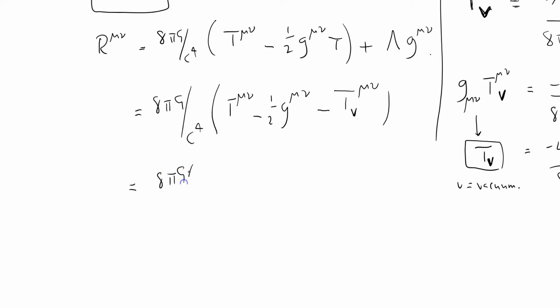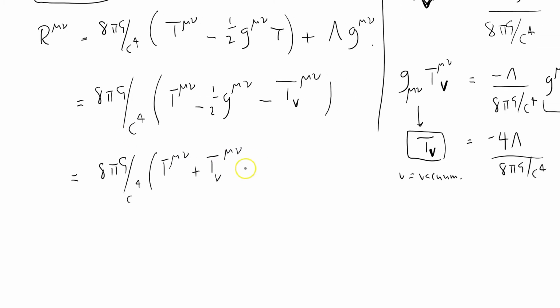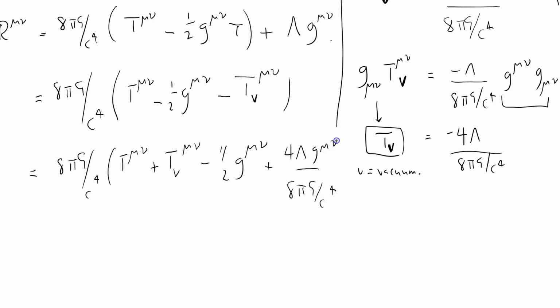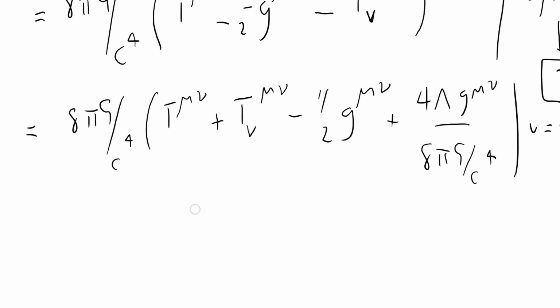It's going to be 8 pi G upon c to the power 4 times T mu nu plus T vacuum mu nu, minus a half g mu nu times T, I'll do it explicitly, plus 4 from here, over 8 pi G upon c to the power 4 g mu nu. Getting a little bit messy there, but there it is.